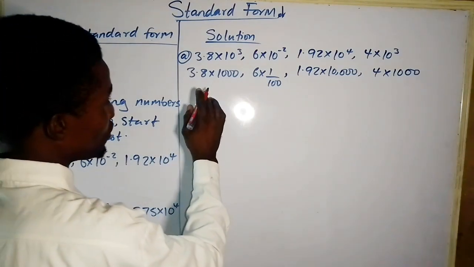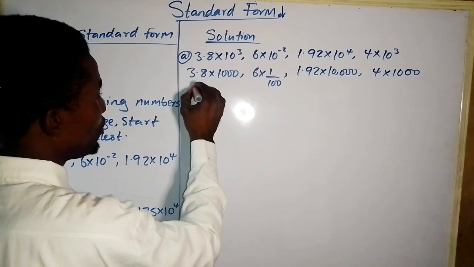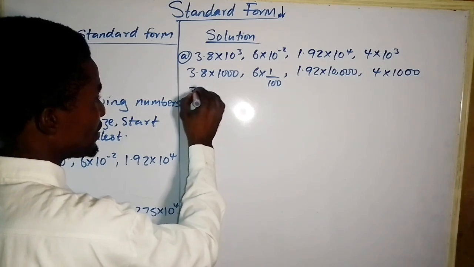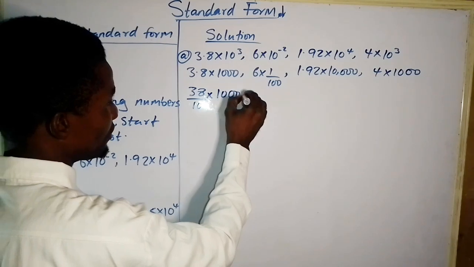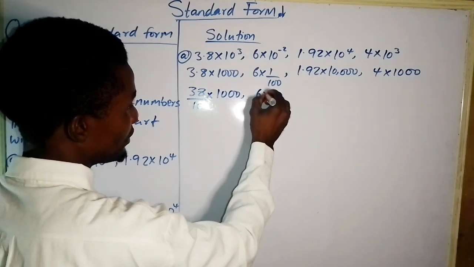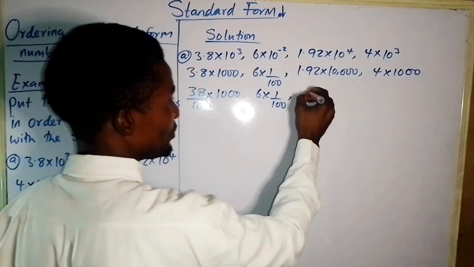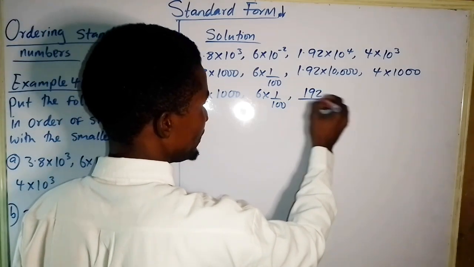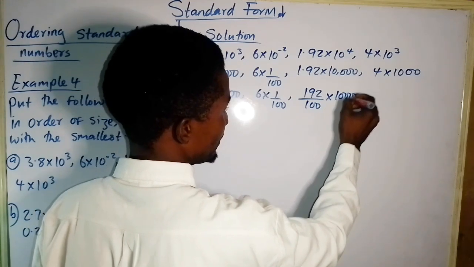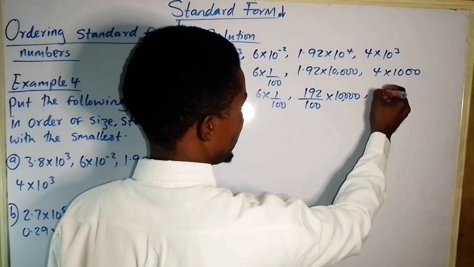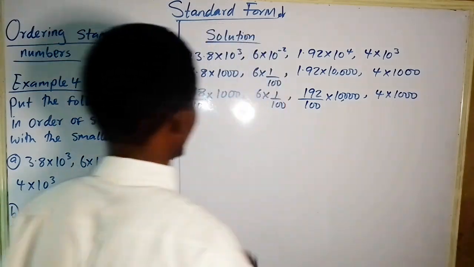Now, to express this first one, we can use either way. We can use our trick, and we can also express this as 38 divided by 10 times 1000. This 1 over 100, we can have as 192 divided by 100 times 10,000, comma, 4 times 1000.